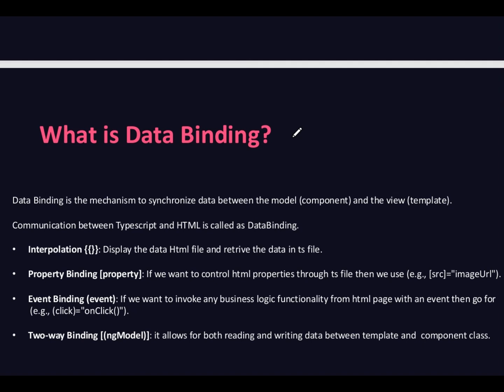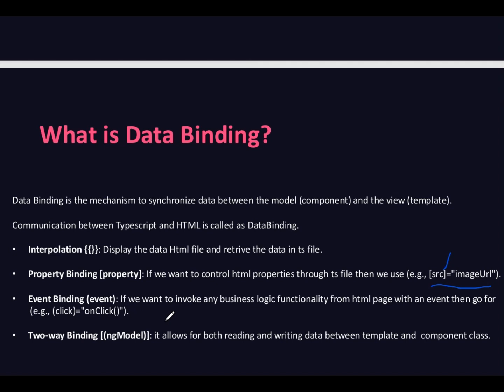Interpolation helps to display data in the HTML file, retrieving data from the TS file and showing it in the HTML file. We denote it with double brackets. Second is property binding, which helps control HTML properties dynamically, for example binding an image URL from the TS to the HTML file, denoted as src image URL.